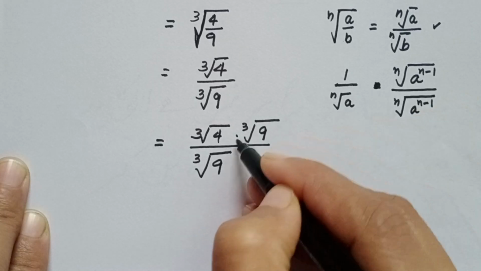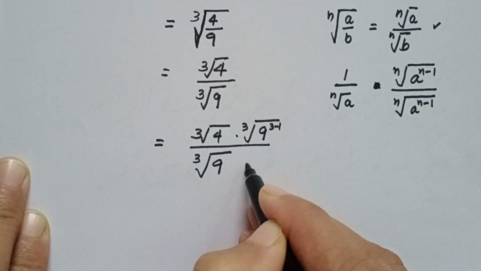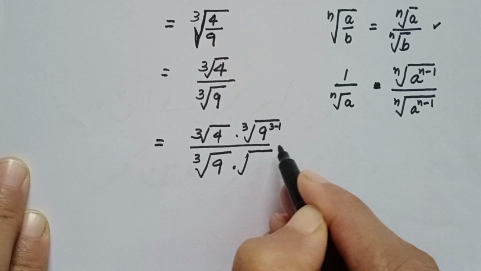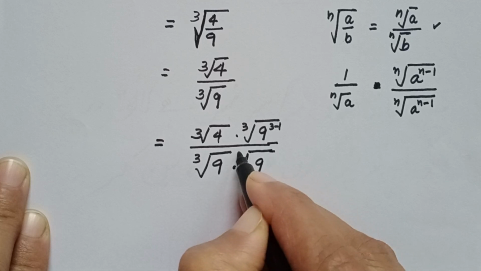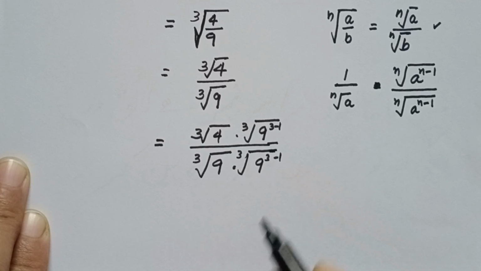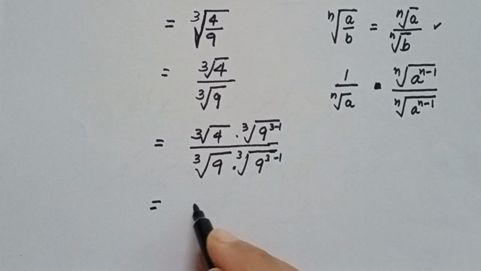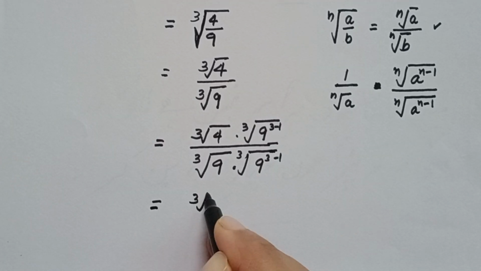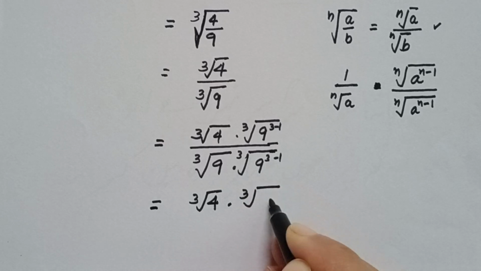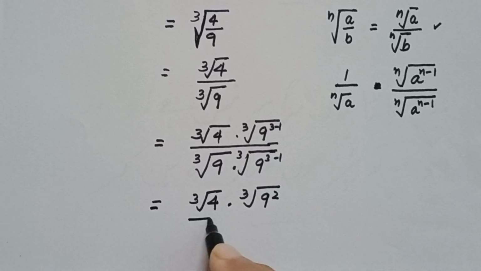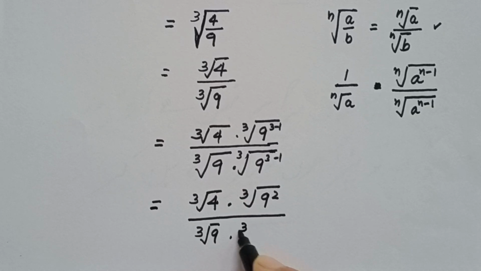Here our n is 3, and we write n minus 1. So from here we can simplify this in our next step: the third root of 4 into the third root of 9 to the power 2 over the third root of 9 into the third root of 9 to the power 2.